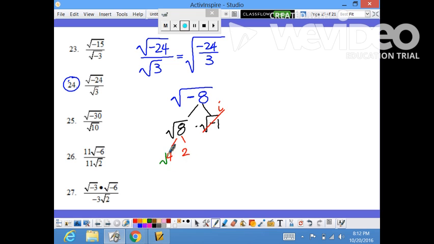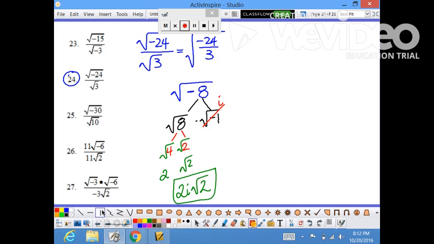The square root of 4 is 2, and the square root of 2, we don't really know, so we just bring it down. Let's just remember to rewrite it: 2i times the square root of 2. That's how you're going to see it written on the test if it's multiple choice, and that's the expectation.